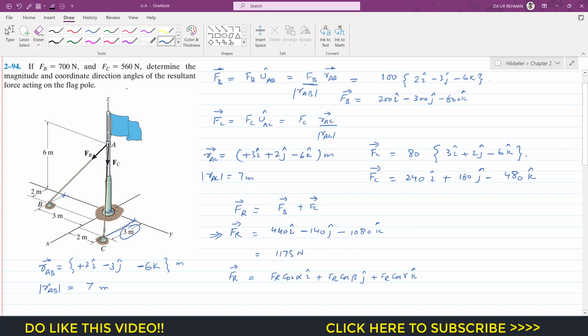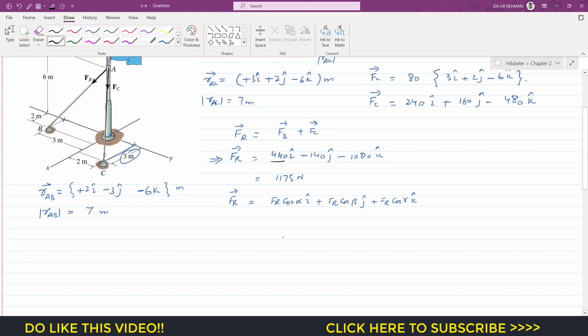So we can say that FR cos alpha is equal to 440, or we can say that cos alpha equals 440 divided by FR, and FR magnitude is 1175.